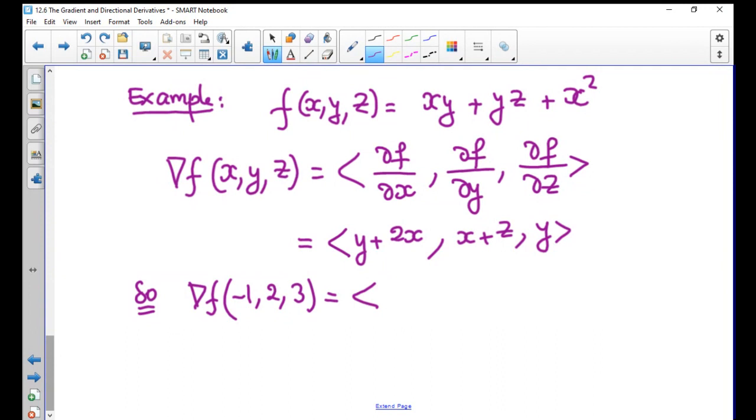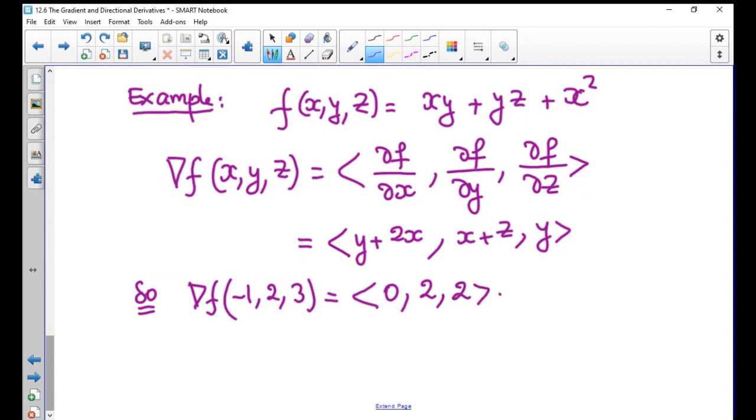So if I put x equal minus 1, y is 2, so that will be 0, I think. Yes, it will be 0. And then x plus z will be 2, and y is 2.